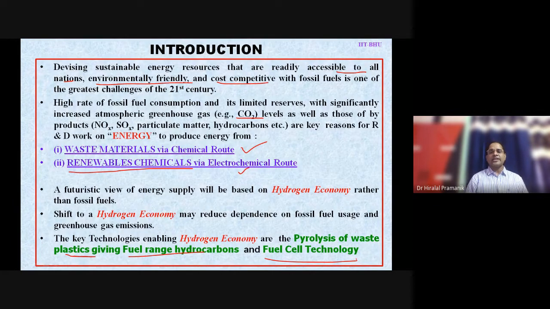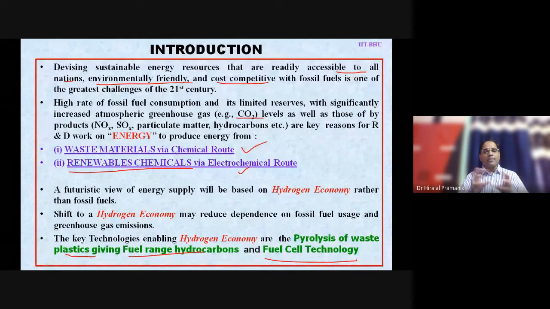The first part is pyrolysis of waste plastic. Why? Because what is the origin of plastic? Plastic originates from petroleum. It is a petroleum product. Monomer of ethylene gives you polyethylene. Monomer of propylene gives you polypropylene. Monomer of styrene gives you polystyrene after polymerization.